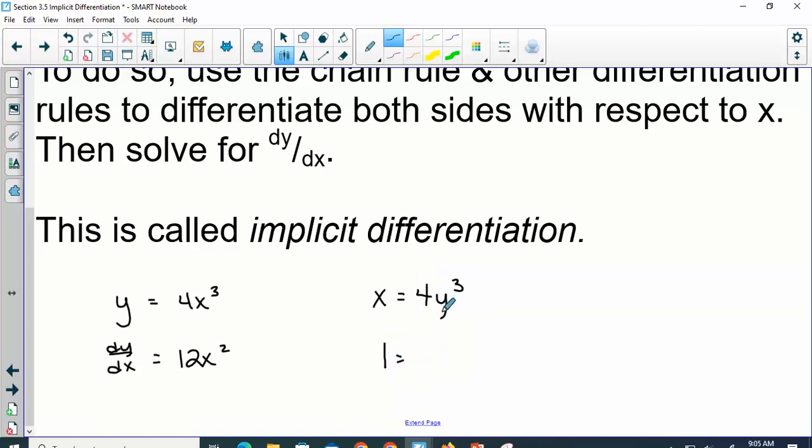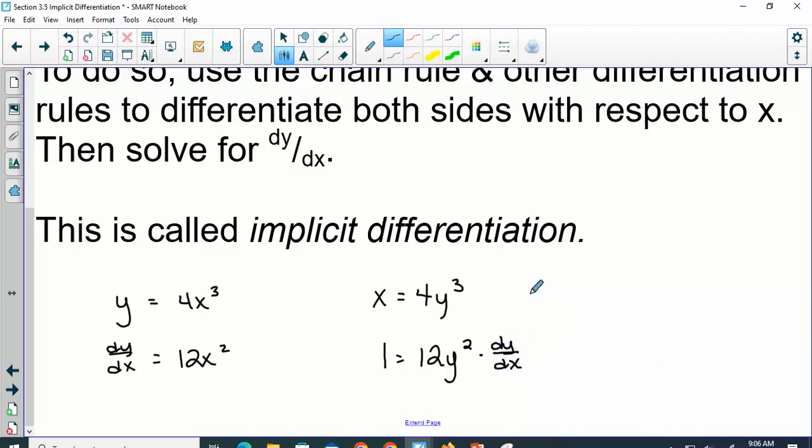We do our derivative of y the same way, so that would be 12y squared. But then we have to do the extra piece. Because we're doing our derivative with respect to x, any other variable has to get a notation with it. It would have a dy dx with it.